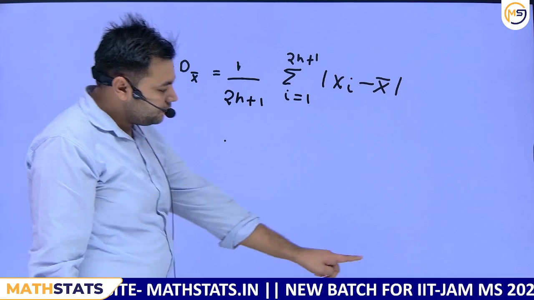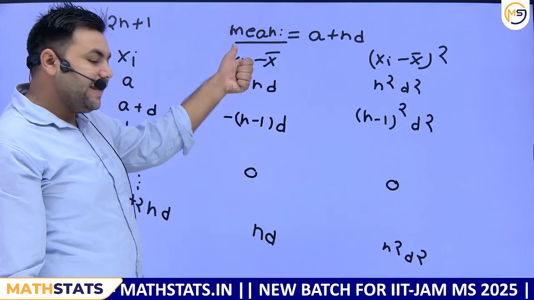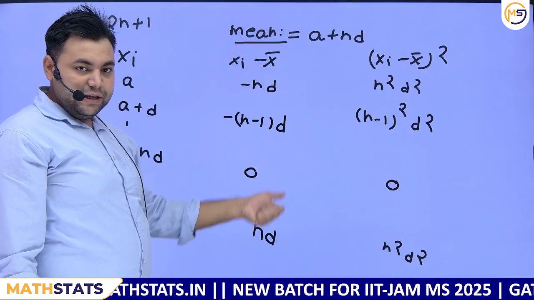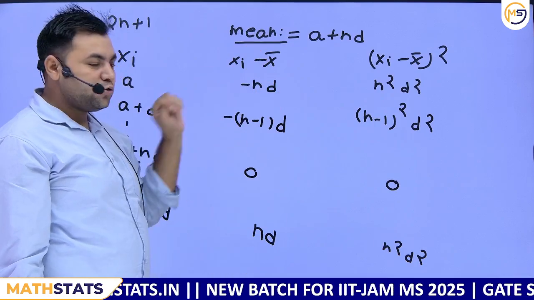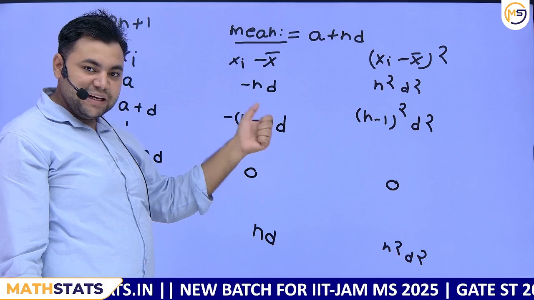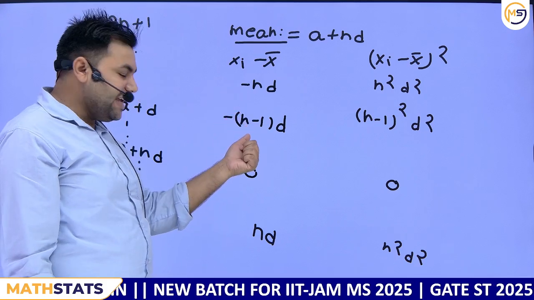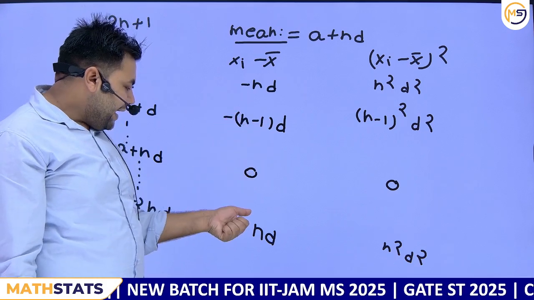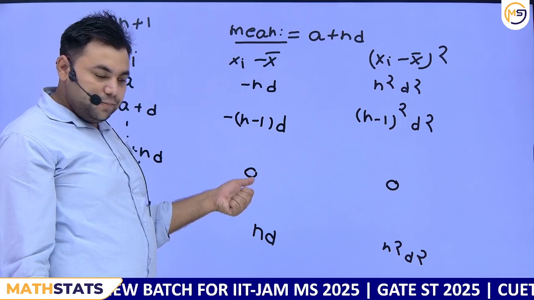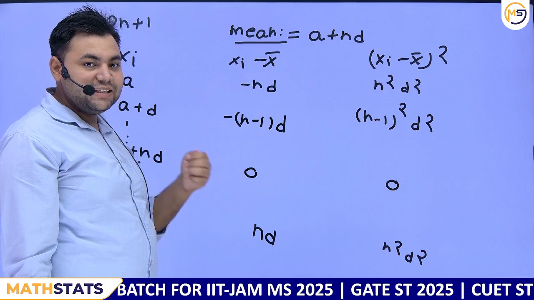So if I take mod of each quantity, the first quantity is nd, the second quantity is n minus 1 into d. Similarly, this is n minus 2 into d, this is 0, and this is below 0. What is the value below 0? This is d, right?